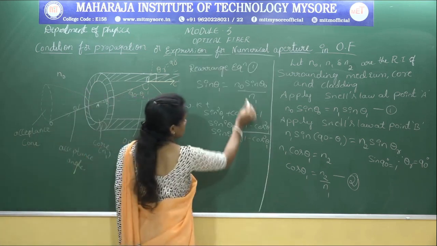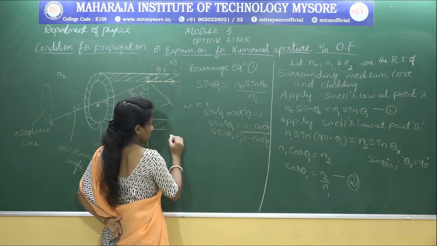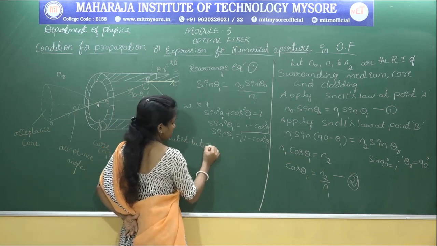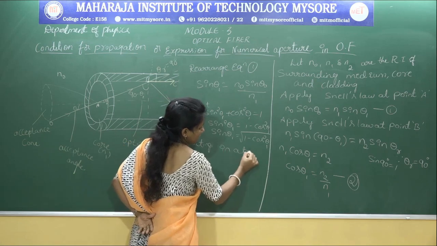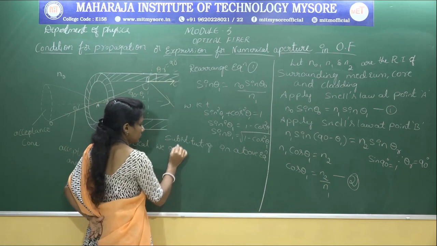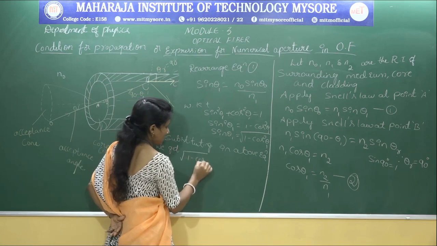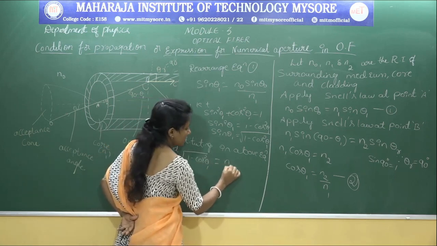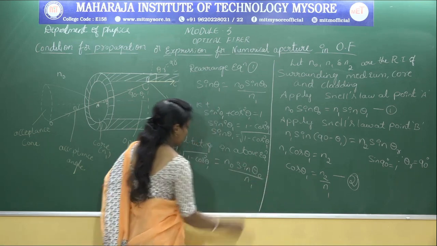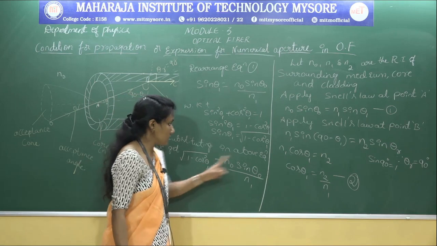So now substituting this in the above equation, what do we get? Root of 1 minus cos square theta 1 is equal to n naught sin theta naught by n1. But root of 1 minus cos square theta 1, the cos theta value we know.